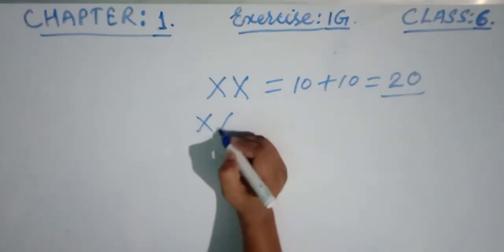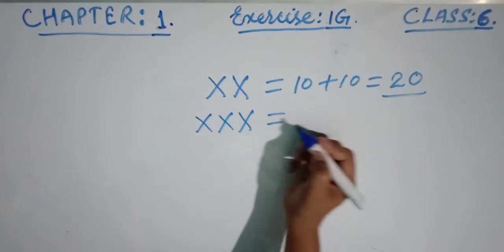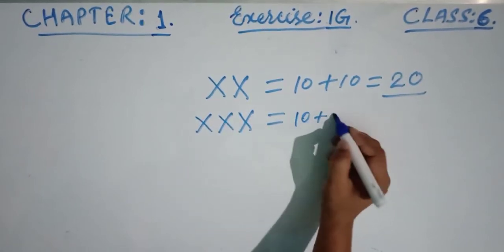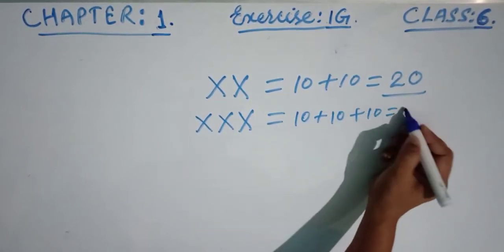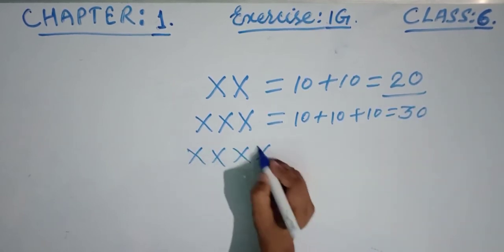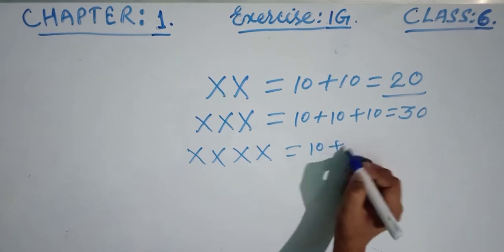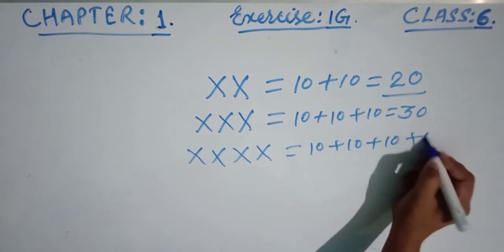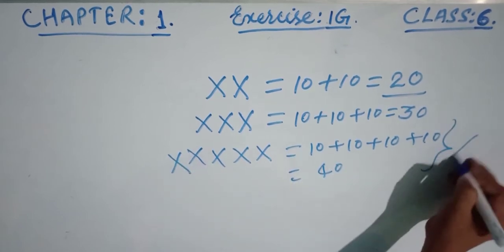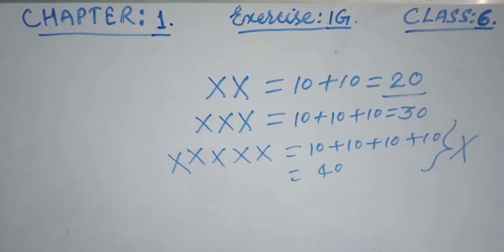No Roman numeral can be repeated more than 3 times, so the maximum repetition is 3 times. 10 plus 10 plus 10 friends, this is 30. If you write X 4 times, 10 plus 10 plus 10 plus 10, this is 40. So this is wrong friends. Remember, this is wrong because no Roman numeral can be repeated more than 3 times.